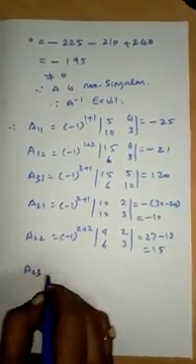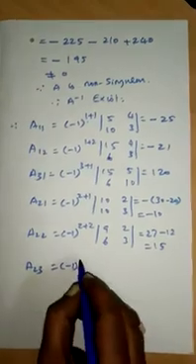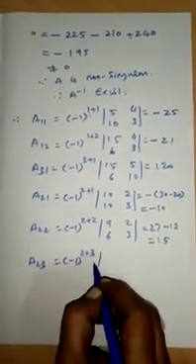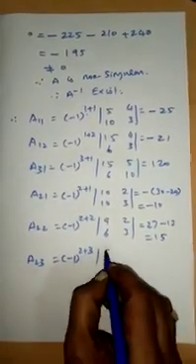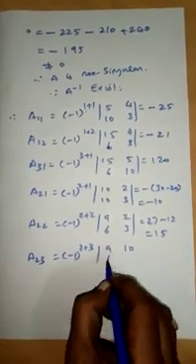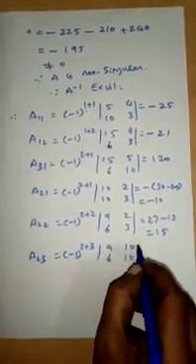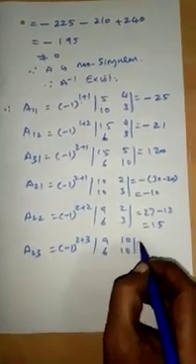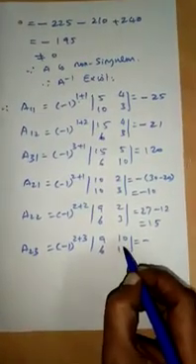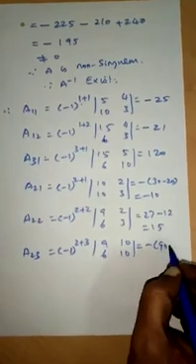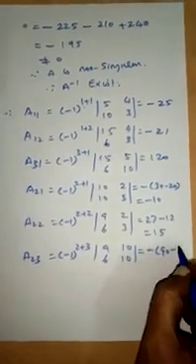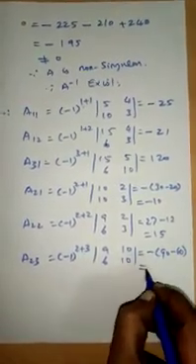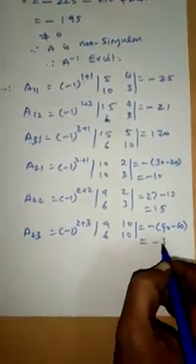A23 is minus 1 power 2 plus 3 and its minor is 9, 10, 6 and 10. 2 plus 3 is 5, minus 1 power 5 is minus, cross multiplying we get 90 minus 60, that's equal to minus 30.